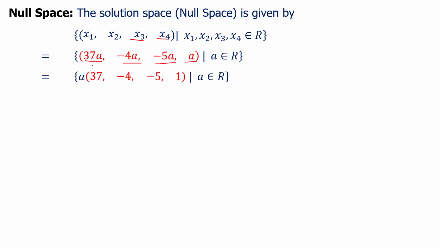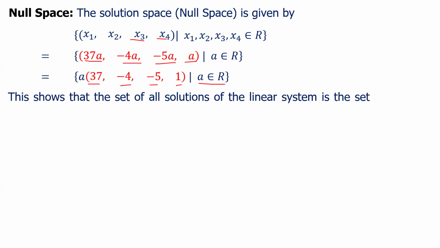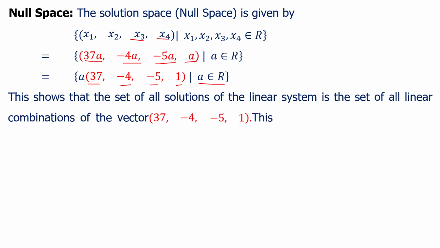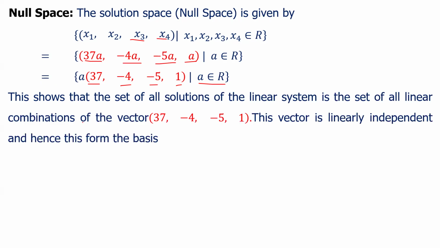Now if we take a outside, we can write 37, minus 4, minus 5, and 1, where a belongs to R. This shows that the set of all solutions of the linear system is the set of all linear combinations of the vector 37, minus 4, minus 5, 1. This vector is linearly independent and hence forms the basis of the null space.